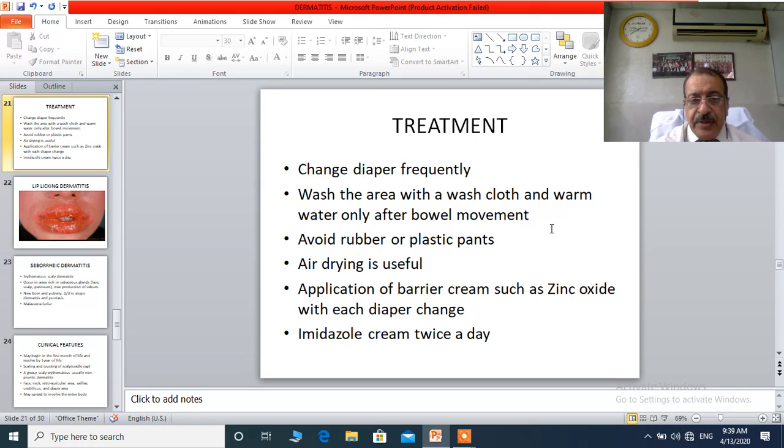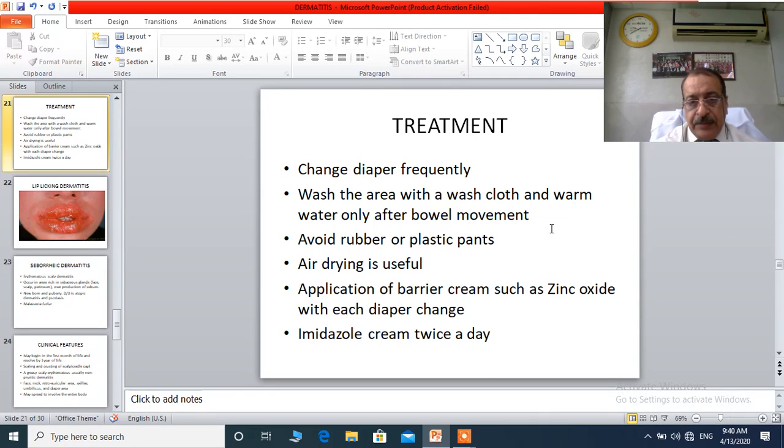She should avoid rubber or plastic pads because they will not allow the area to dry. The plastic pads will keep the area moist or wet most of the time, and this will further aggravate the condition. Air drying is very useful. The babies should not be given pampers or plastic pants during the daytime.